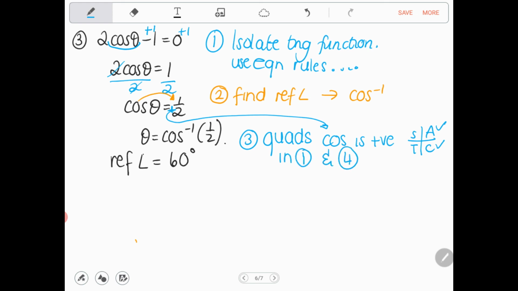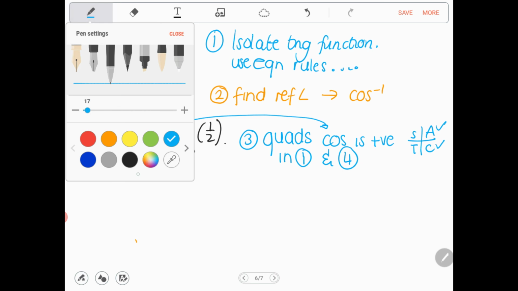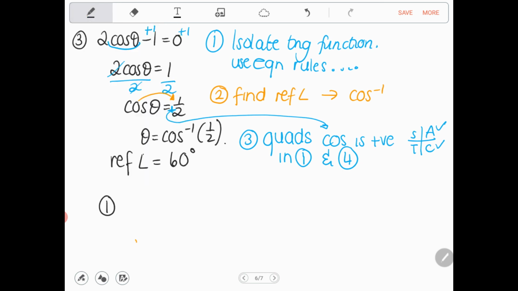Those are the two that I have to write down here. That is where I'm solving. Quadrant 1, hopefully you remember by now, is our reference angle plus k lots of 360, and quadrant 4 is 360 minus the reference angle plus k lots of 360. You wouldn't normally write this on top here. I'm just reminding you what we have to write, and then we do our solutions.